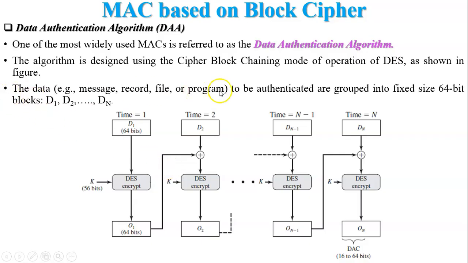The data to be authenticated are grouped into fixed size 64-bit blocks. It means the whole message is converted into 64-bit fixed size blocks. In this figure you can see D1, D2, Dn-1 up to Dn. These are all 64-bit blocks. In the last block we have to pad some extra bits to make it a 64-bit fixed size block.